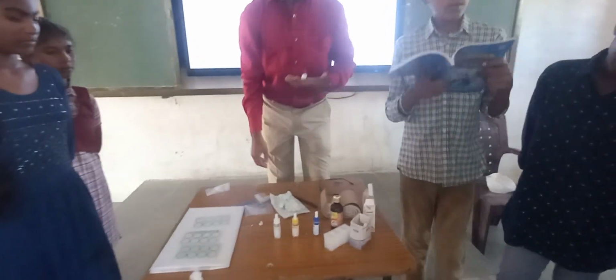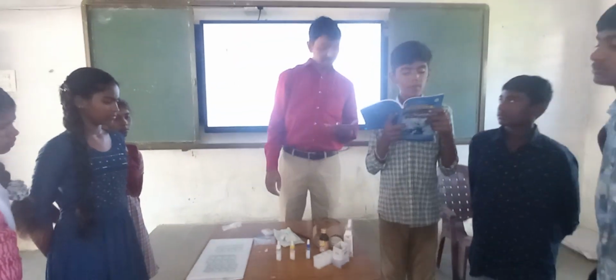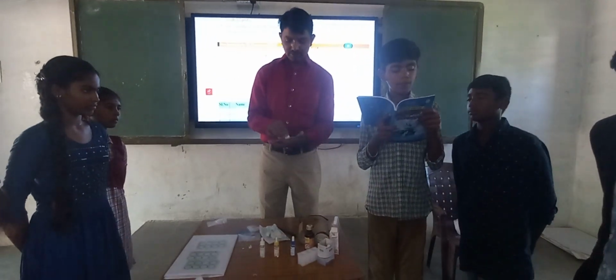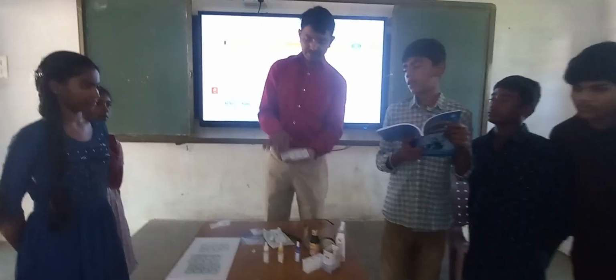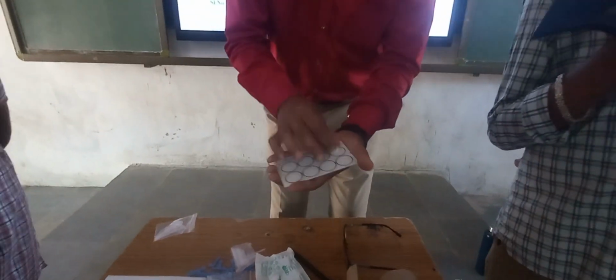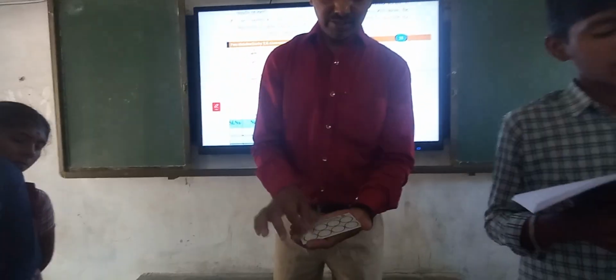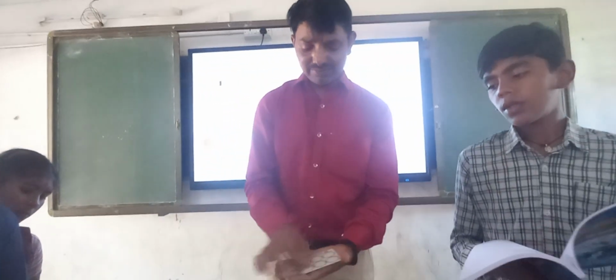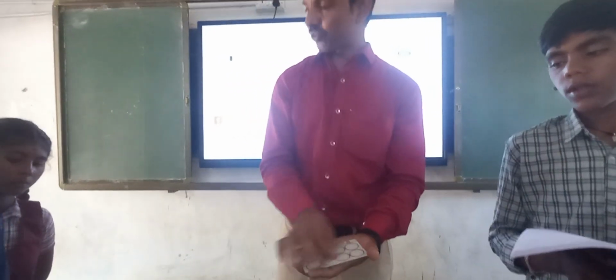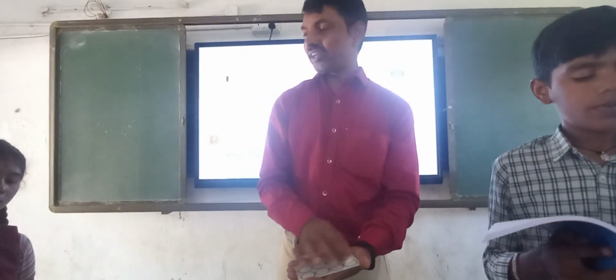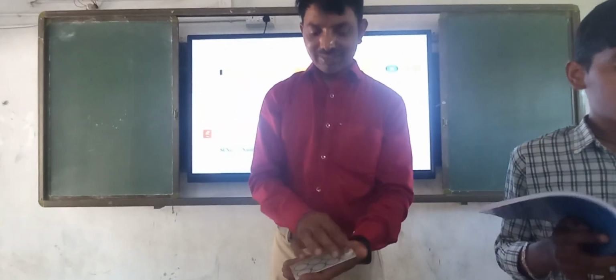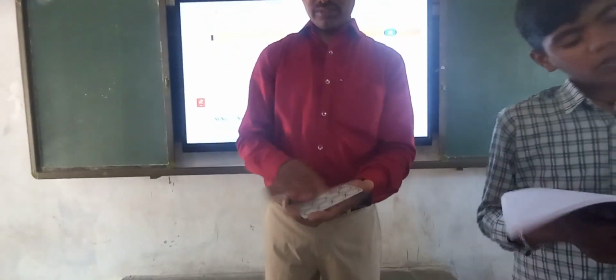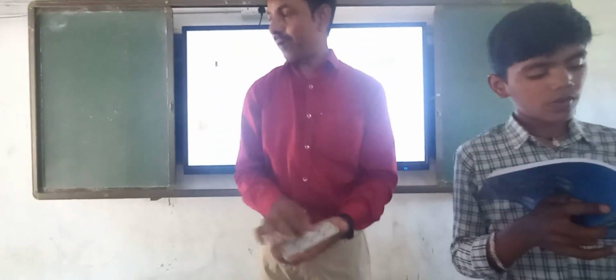Next, open the alcohol swab and clean the slide. Why should we clean this with an alcohol swab? If there are any microorganisms, we may not get accurate results. So we have to clean this slide with the alcohol swab or spirit before using.